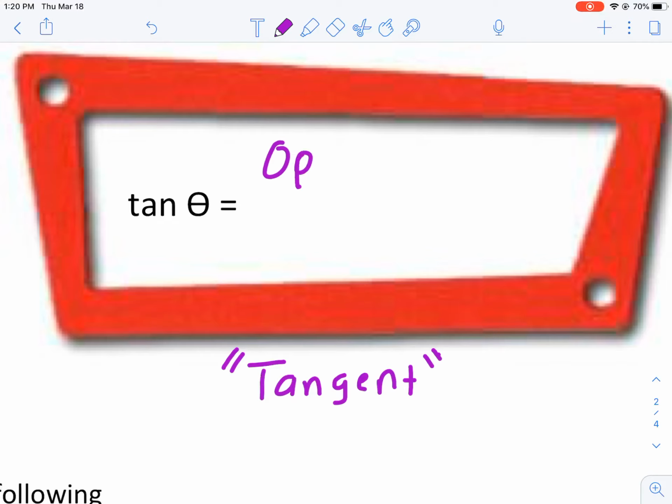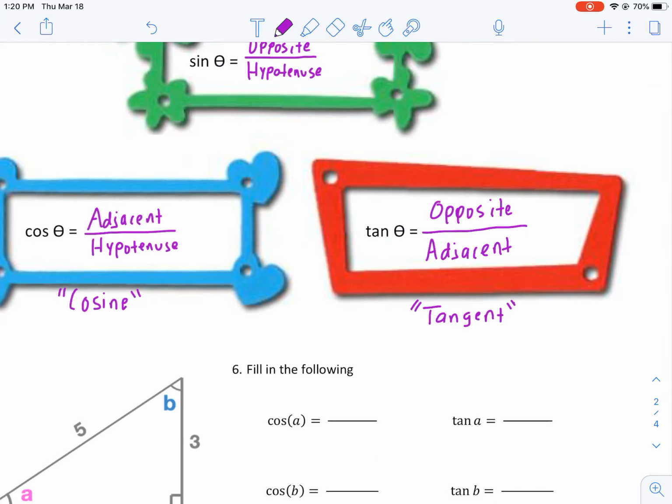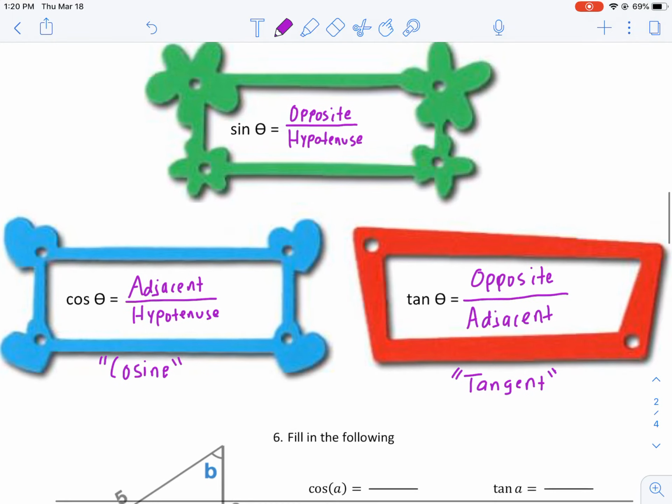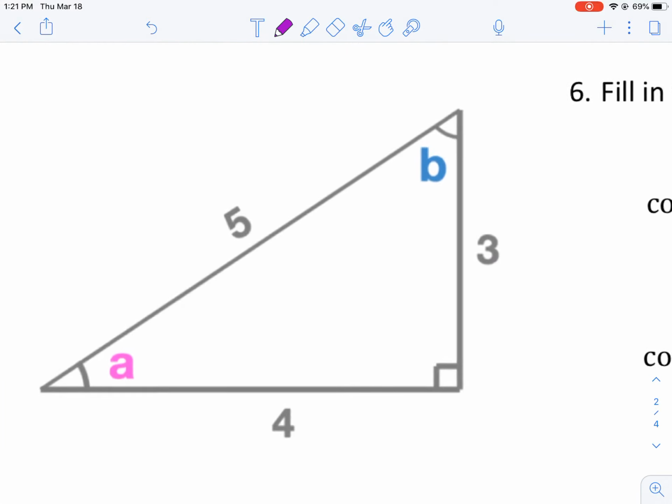It's the opposite side over the adjacent side. So your job is to look at a triangle, see what 2 sides you have, and determine which of these trig functions you need to use. So we're going to go through this real quick and talk about this in more detail.